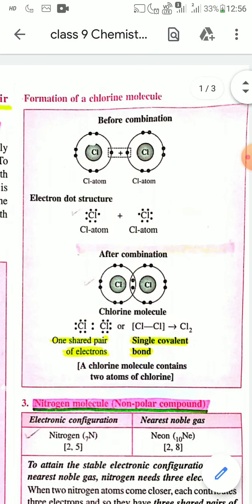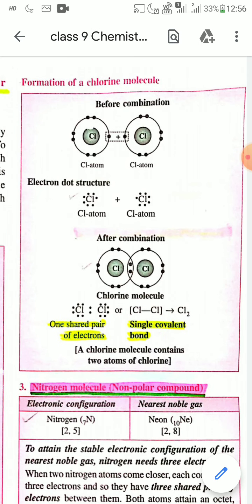You can see here the formation of the chlorine molecule. Before combination, both chlorine atoms are coming closer. It is also shown in the electron dot structure. In the electron dot structure you have to show just the valence electrons by giving dots. As chlorine has 7 electrons in the valence shell, 7 dots are given around each chlorine atom.